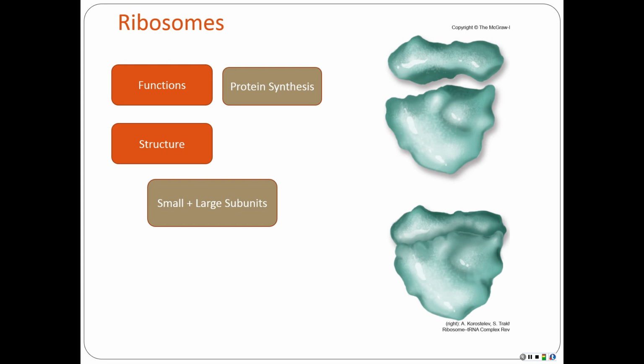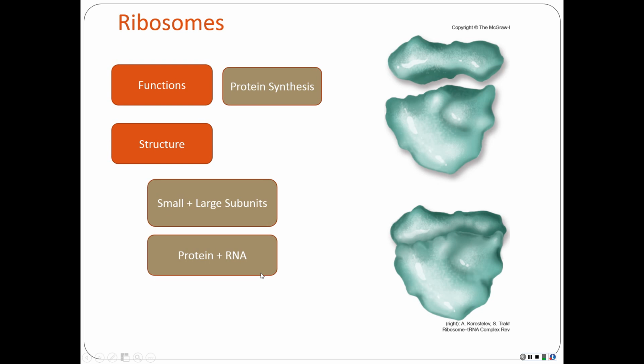And if you look at the image on the right-hand side, you can see where the small and the large subunit are actually separate. When the ribosome is not working, the small and large subunits are not complexed or joined together, so they would physically be separate like this, and may not even be that close to one another. But when they are making proteins, the large and the small subunits would join together, like you can see in the image to the right.